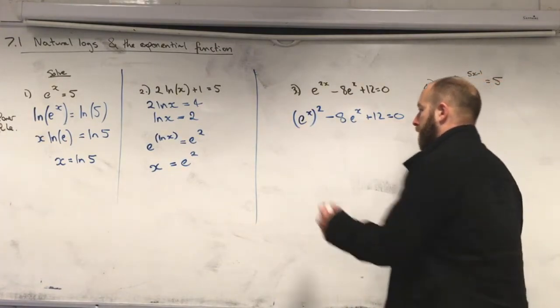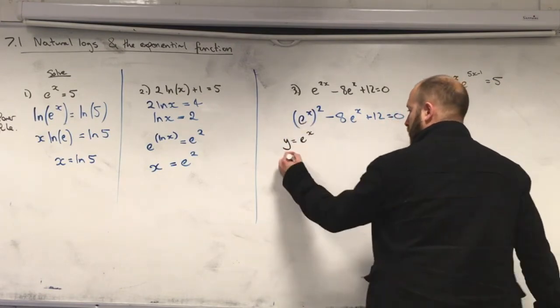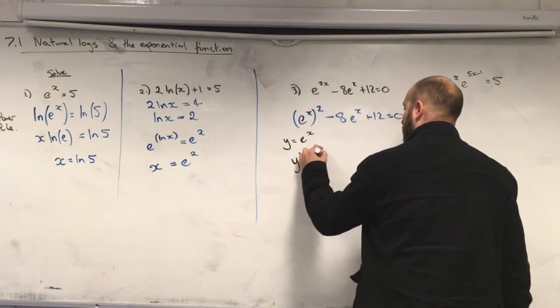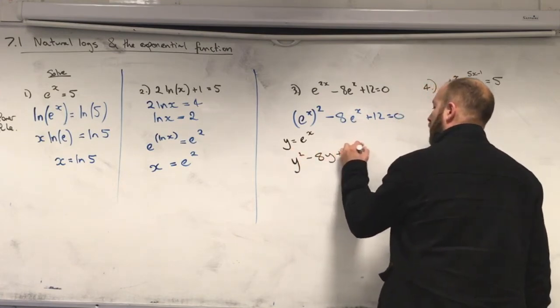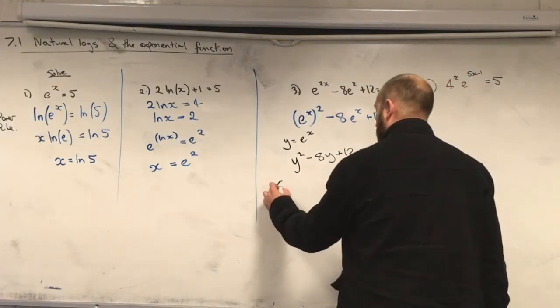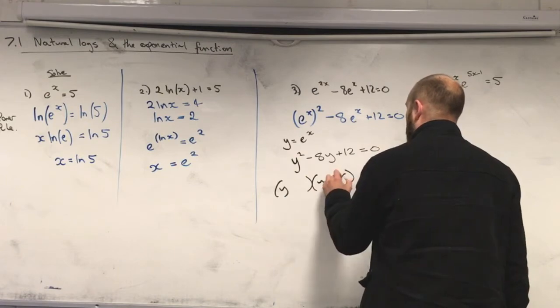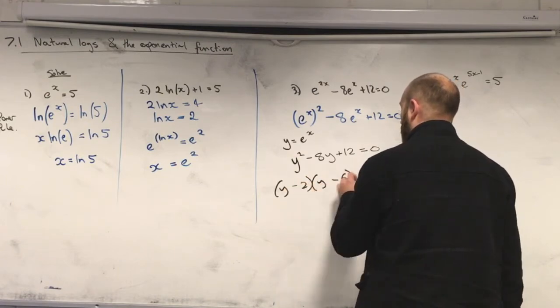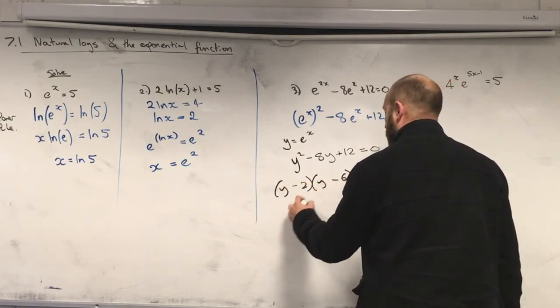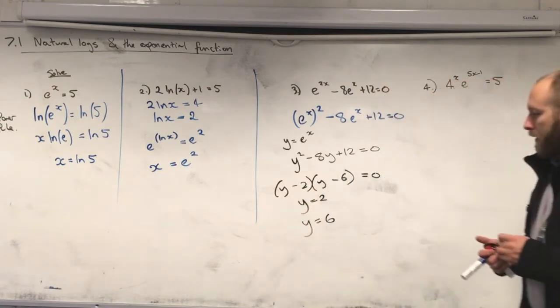So we could say y is e to the x, so we get y squared minus 8y plus 12 is 0, and then factorize this. Factorising it, you get y equals 2 or y equals 6.